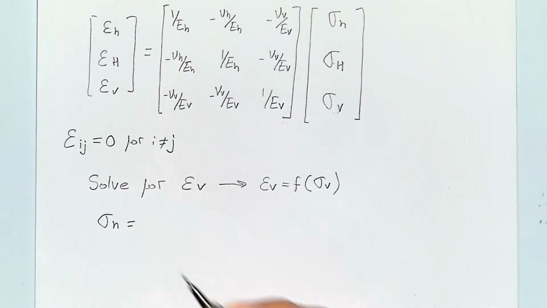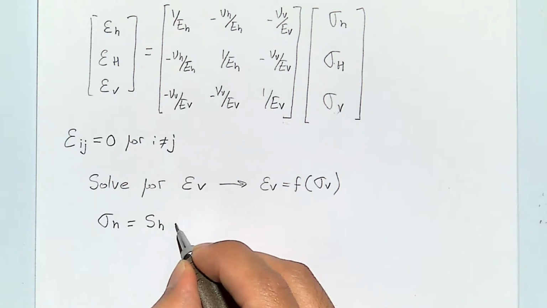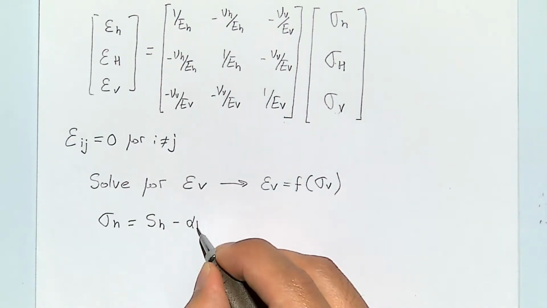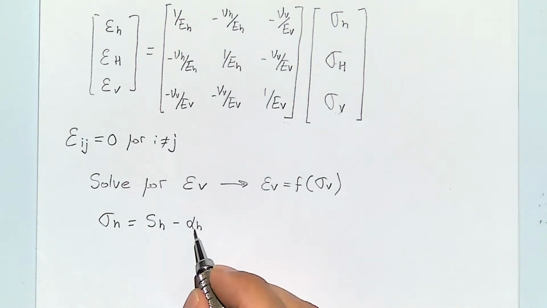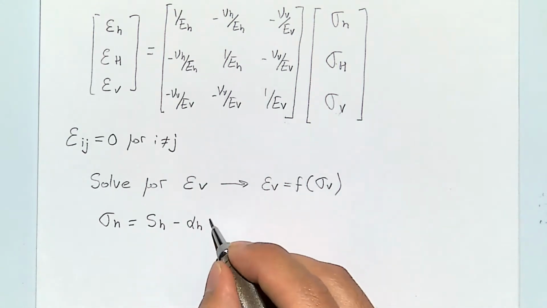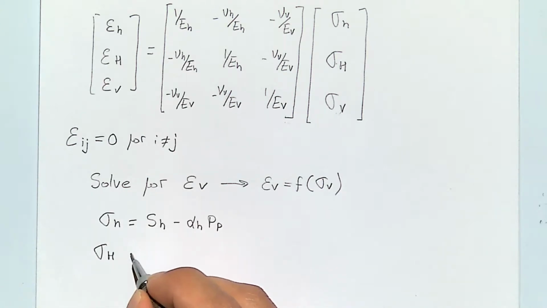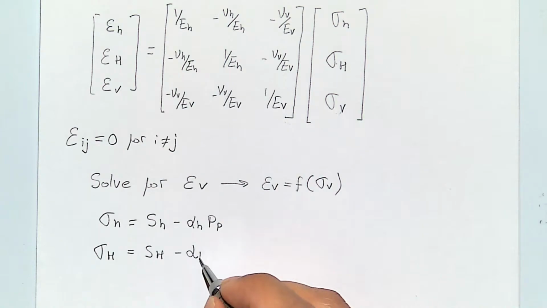For the effective stresses, we're going to add one more thing, which is the Biot coefficient. And in this case, it's going to be a Biot coefficient in horizontal direction. Let me finish the equations, and while writing them, I'll tell you what this Biot coefficient is about.